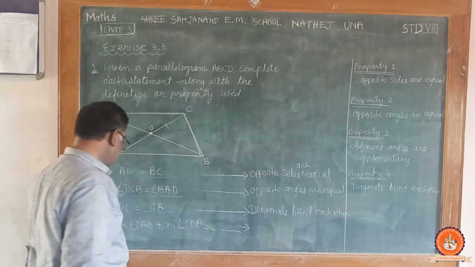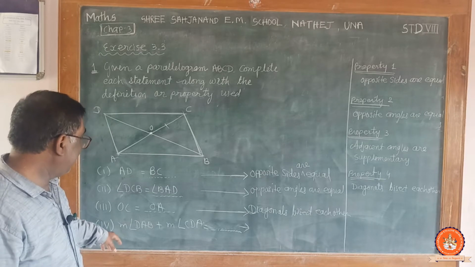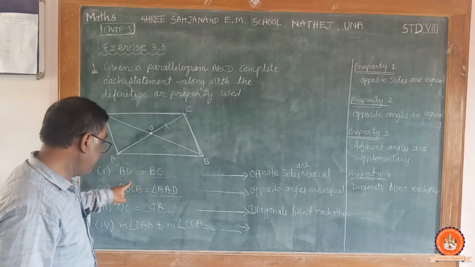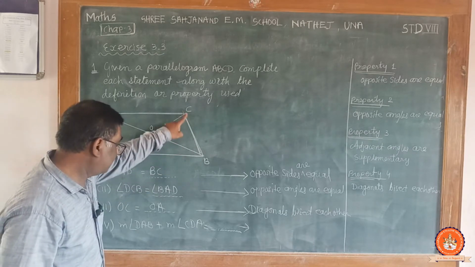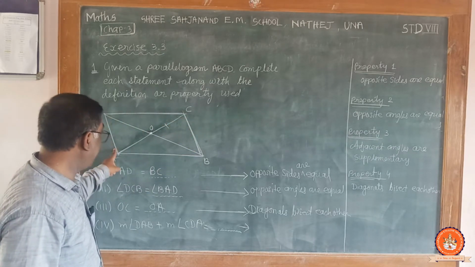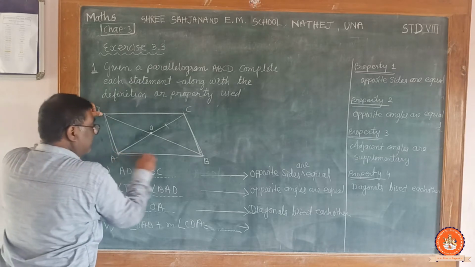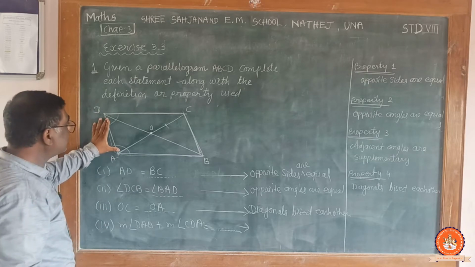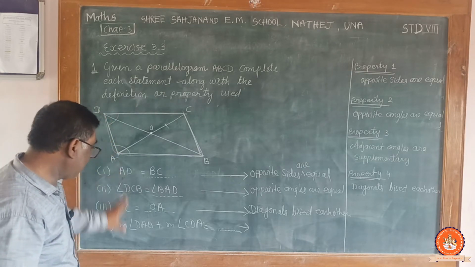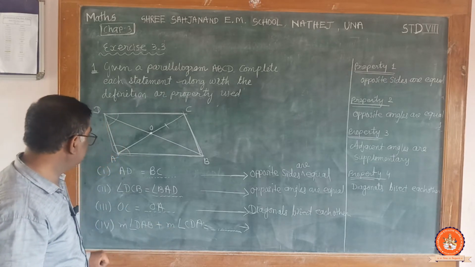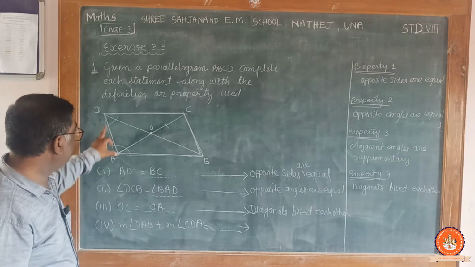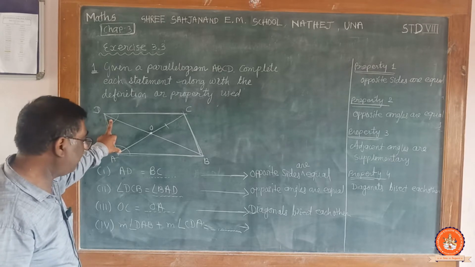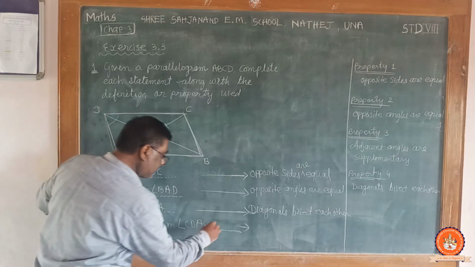Okay, and the last one, measure of angle DAB plus measure of angle CDA. Angle DAB means this angle, and angle CDA means this angle. So these two angles are adjacent angles. So the sum of two adjacent angles is equal to how much? So in a parallelogram, two adjacent angles are supplementary, and their total is 180.